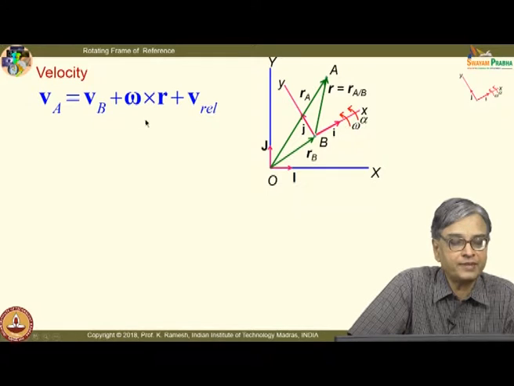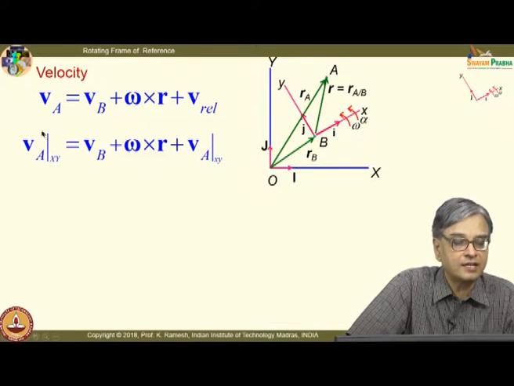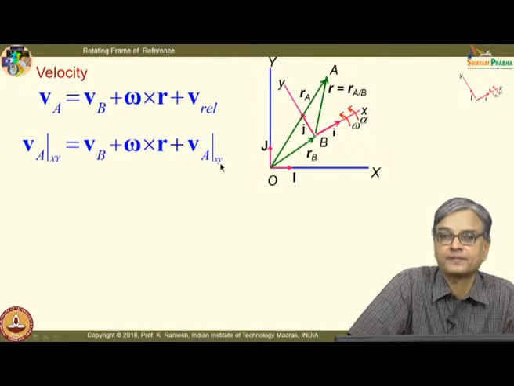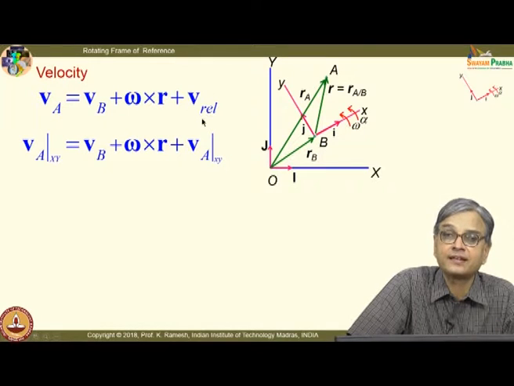And what is it that we have said about this? It can also be looked at as velocity of A with respect to the fixed frame XY equal to velocity of B plus omega cross r_BA plus the velocity with respect to small xy, and that is what is V rel.